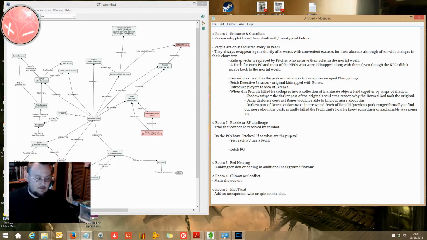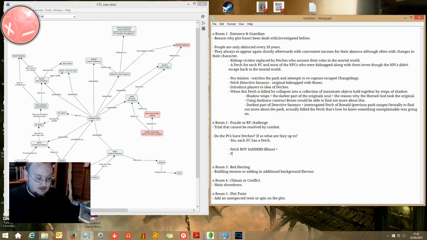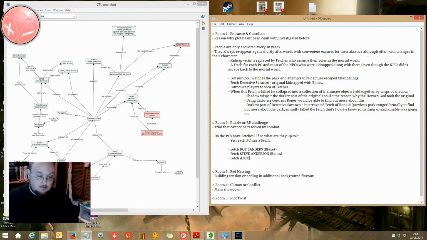So let's go with fetch Roy Sanders, although I will put Blaze in brackets just to remind me, and for ease of reference. Anything you can do to make it easier to reference your notes whilst you're actually playing the session is all to the good. Better you write a few extra notes now than you struggle to find them during the session.